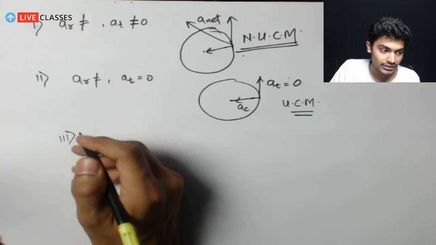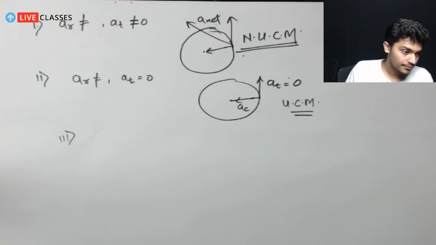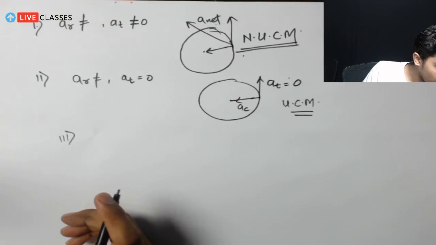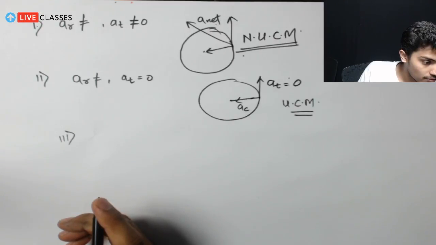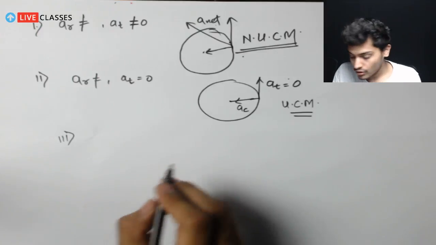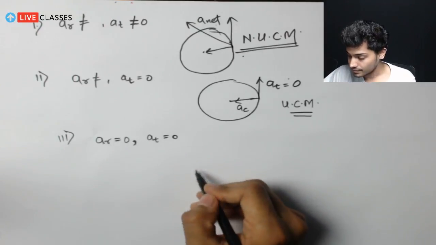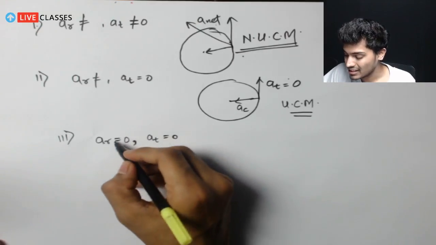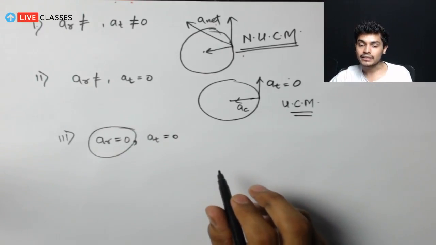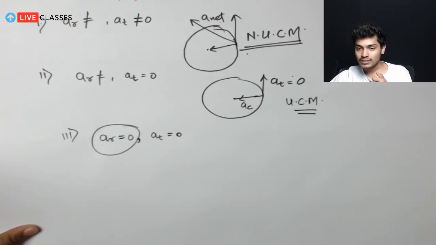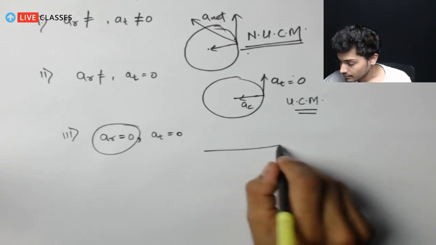Now suppose we have a case where AR is 0, then the body is not performing any circular motion, and AT is 0 means the body is moving with constant speed, so it is a case of linear motion.